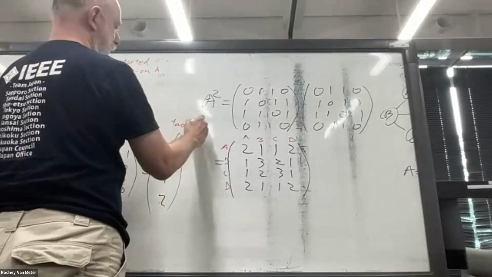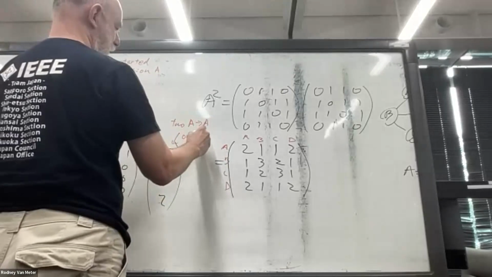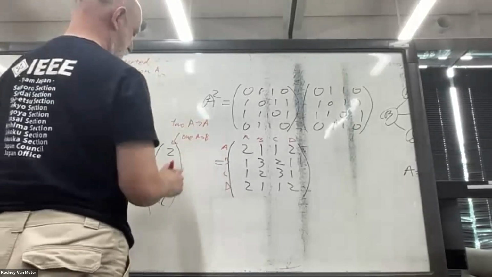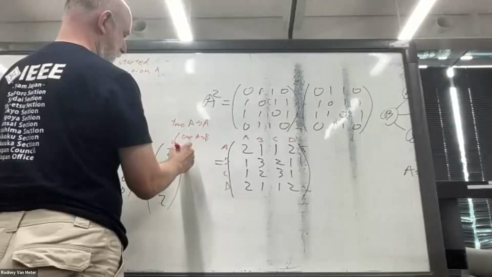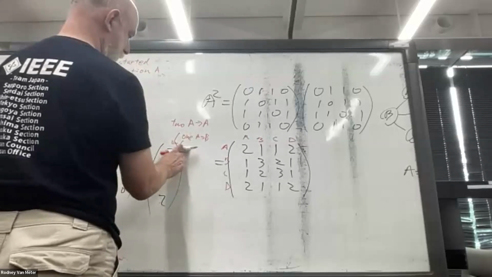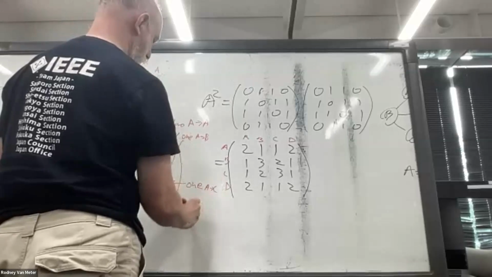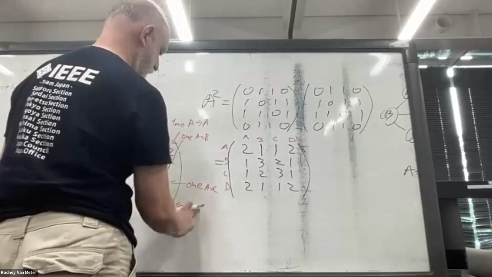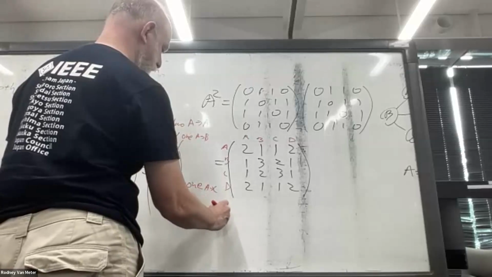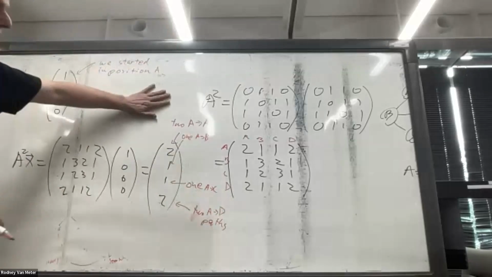So that tells us that there are 2 A to A paths, 1 A to B path, 1 A to C path, and 2 A to D paths on this particular graph.